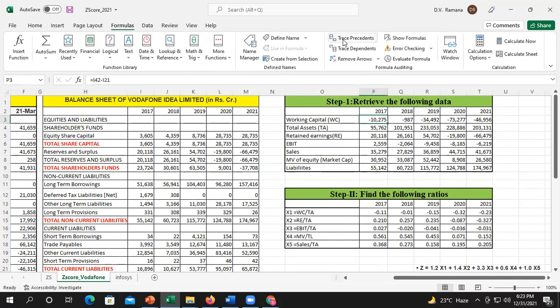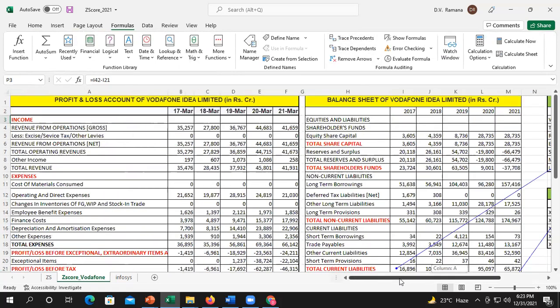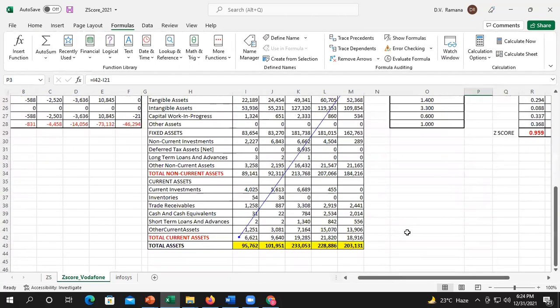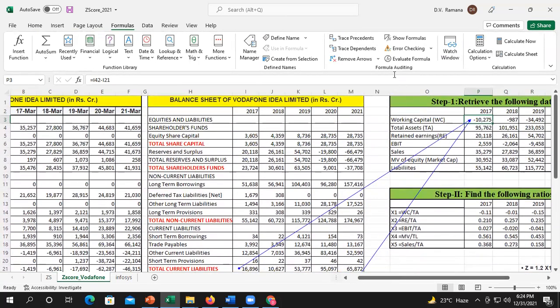Working capital we got from the balance sheet, the current assets and current liabilities. Then we pulled out the total assets of the company, then the retained earnings from the balance sheet.